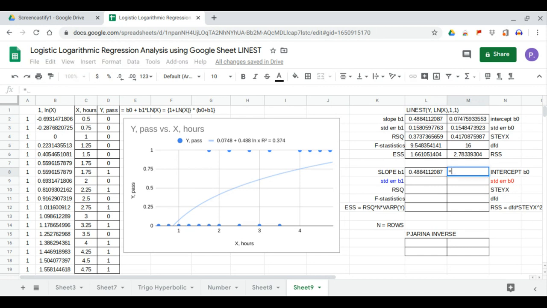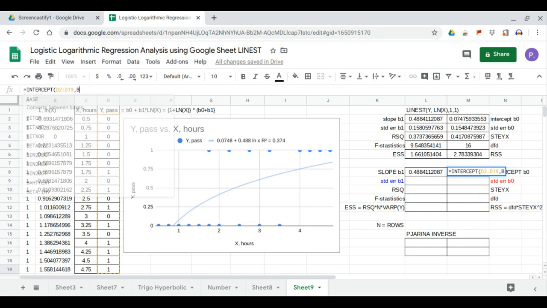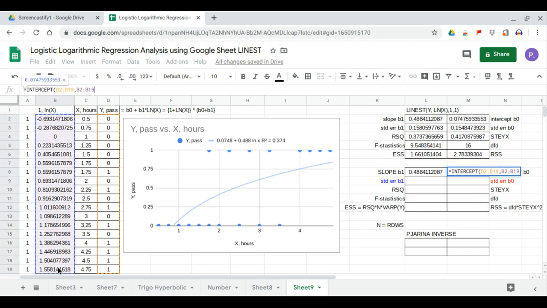Our intercept will again use the intercept function, data y, and data x will be ln x. So it's 0.0747, matches our LINEST output.